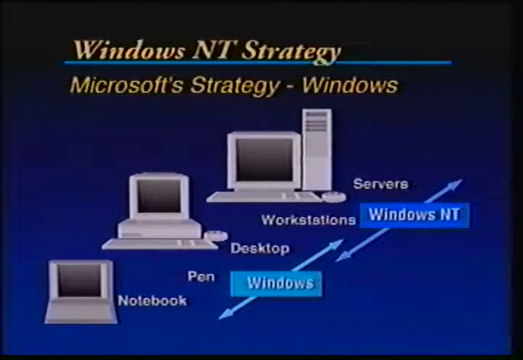We have Windows NT going from large servers to what I would call workstation-class systems. These might be high-end 486s with large disk drives and so forth. And you're also going to see NT on a variety of desktop systems as well, both 386 and 486. Then you have Windows, which is layered on top of DOS, as I said before, and will be able to stretch from the notebook to the pen up to the desktop.